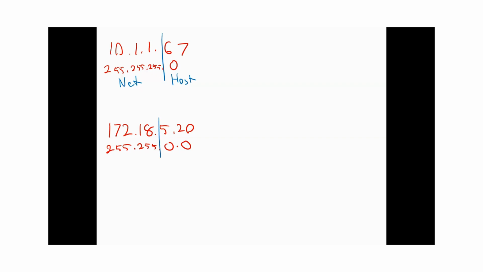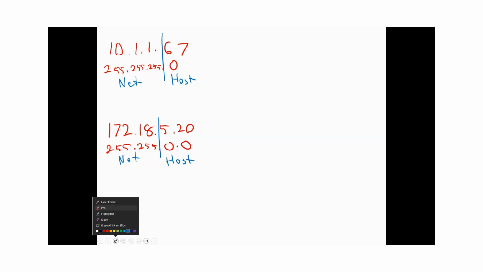For this example, I draw that imaginary line right there. My masked network bits are now just 172.18. My host bits are 5.20. I've doubled the amount of host bits I'm using. It was previously 8, because remember these break down into bytes, 8 ones and zeros. Now it is 16.